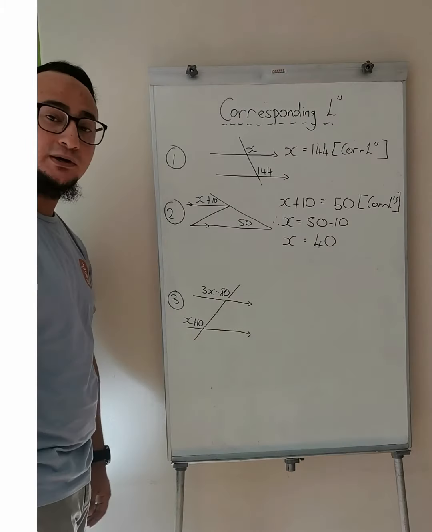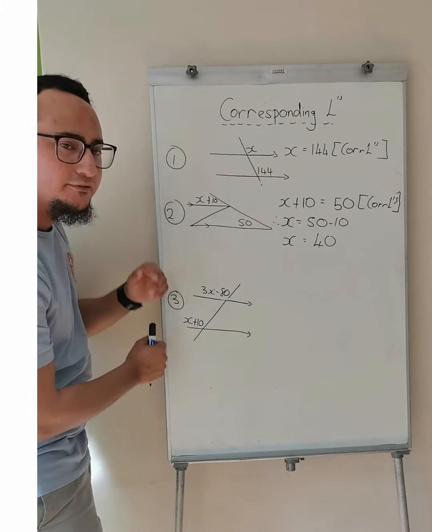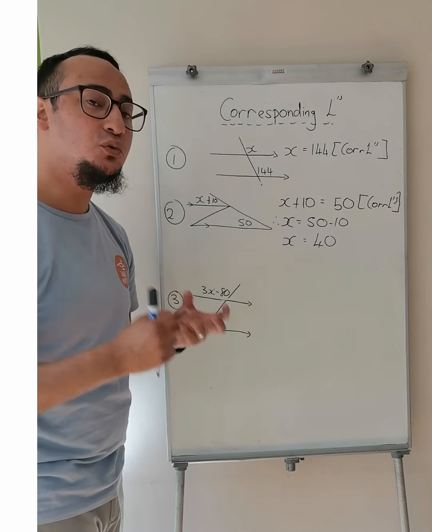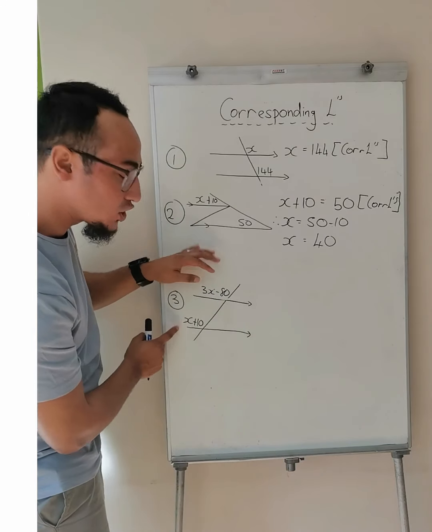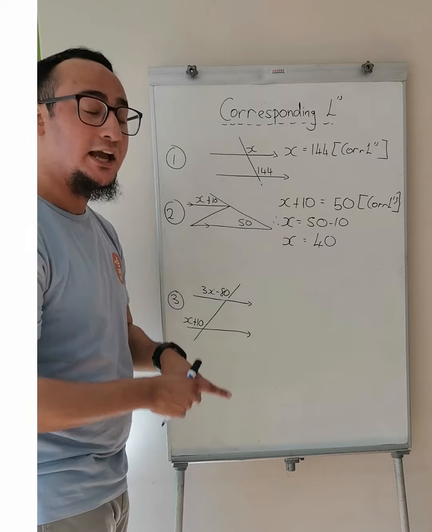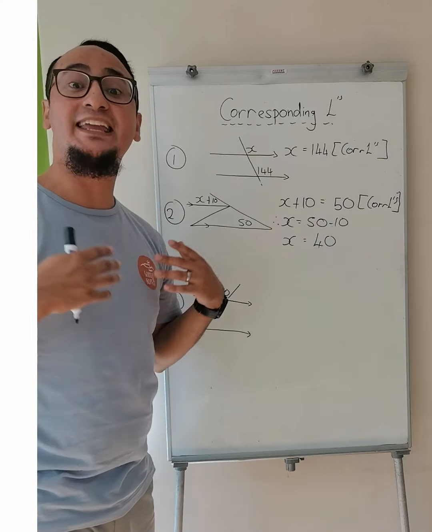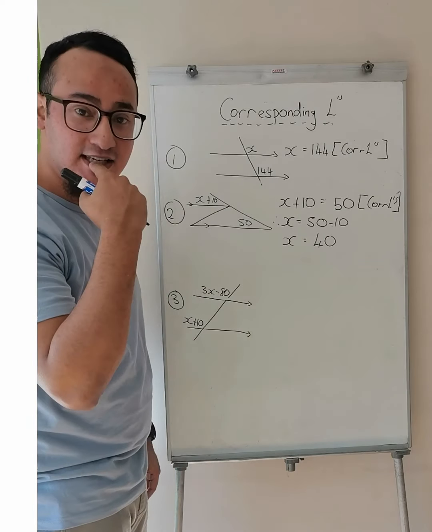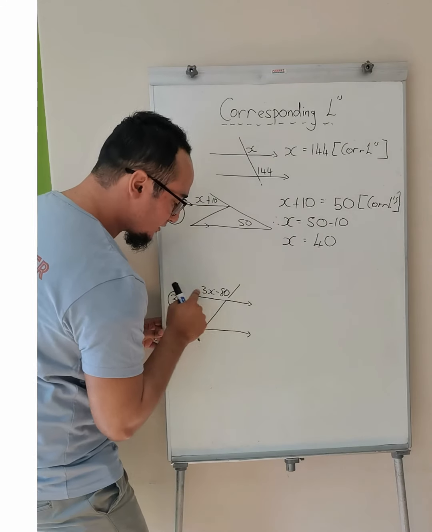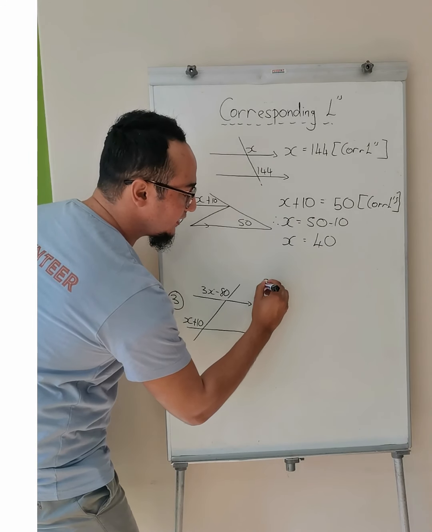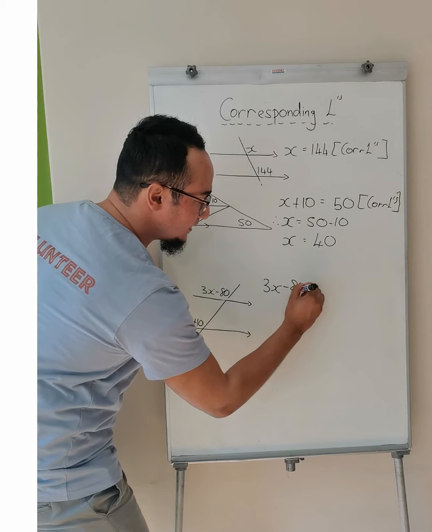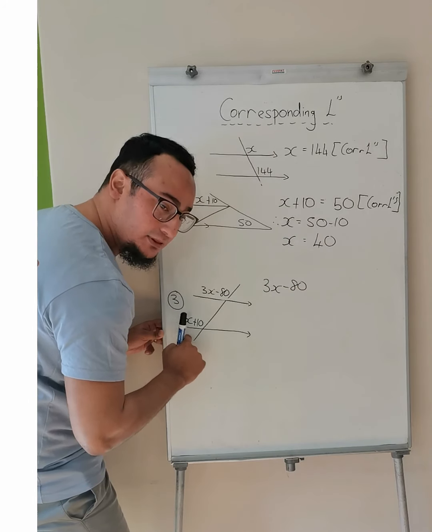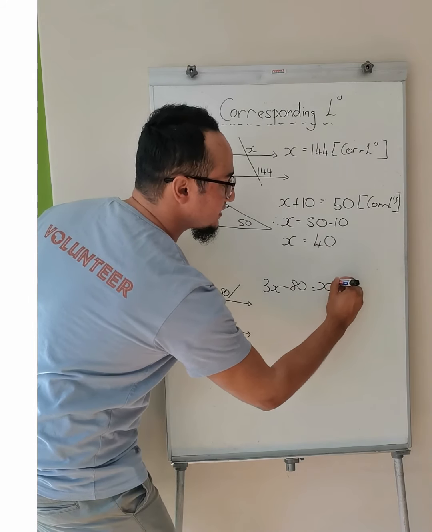Right, let's go to this one over here. Now, they don't give me any degrees, but what do I know? That the two angles are corresponding with one another, and when they are corresponding, they are equal to one another. The way I said it is the way I write it down. So the first angle, 3x minus 80, is the same thing as saying x plus 10.